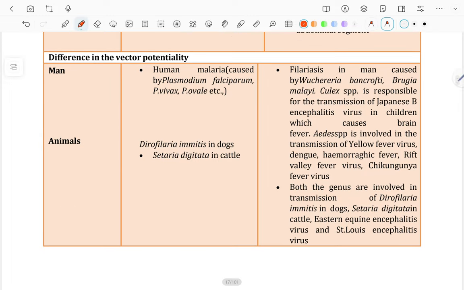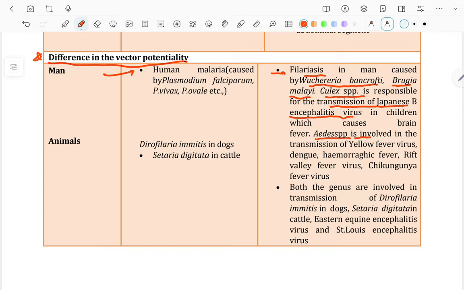Difference in vector potentiality. Man. Human malaria caused by Plasmodium falciparum, Plasmodium vivax, Plasmodium ovale, etc. Filariasis in man caused by Wuchereria bancrofti, Brugia malayi. Culex species is responsible for the transmission of Japanese encephalitis virus in children which cause brain fever.